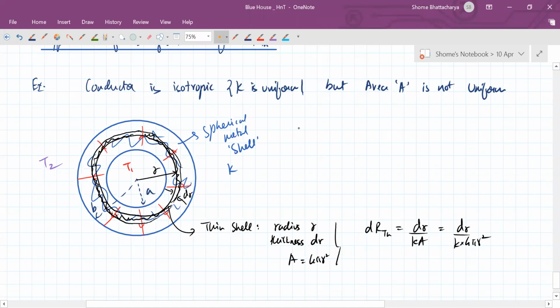Now all these shells are in series combination with each other, one after the other, because the same amount of current is going through them.